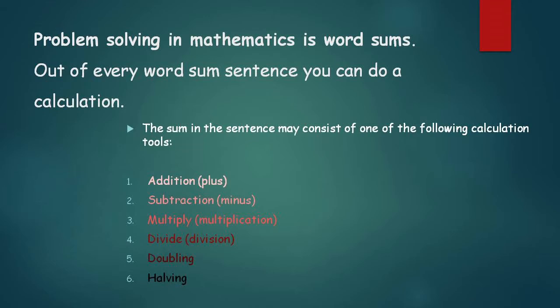So you might find addition, like a plus sum, subtraction, to minus, multiply, where you have to do times, multiplication, divide, where you would do division, doubling, or halving. Sometimes you might have more than one of these in one sum. You could have a plus and a minus, or a times and a half. There's lots of different varieties, but you usually will have at least one of these in each story sum.